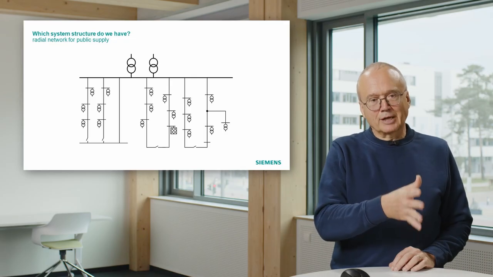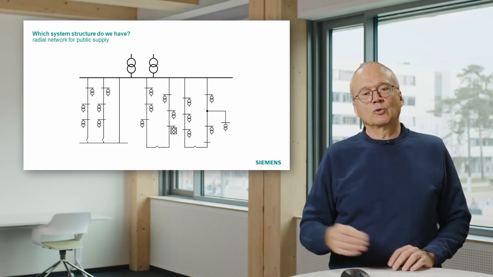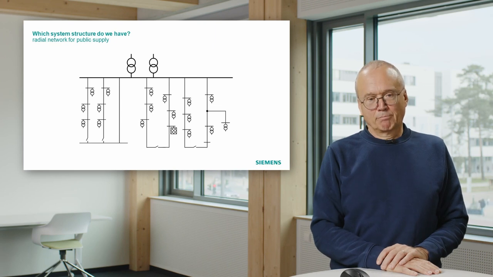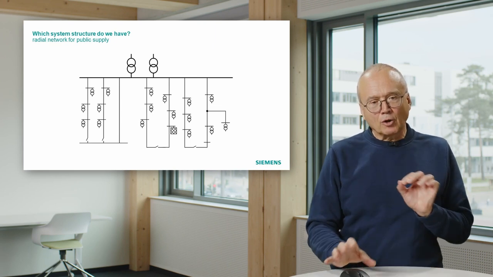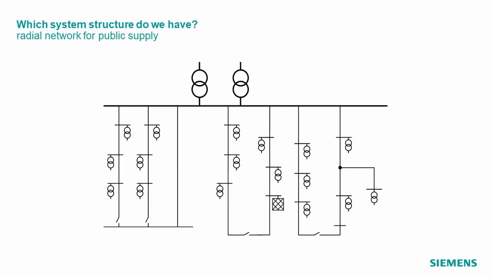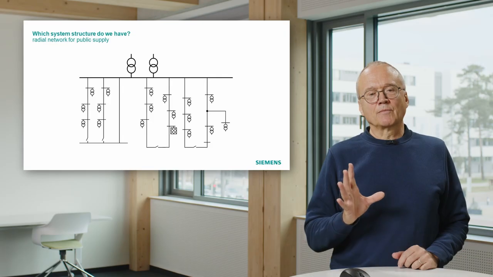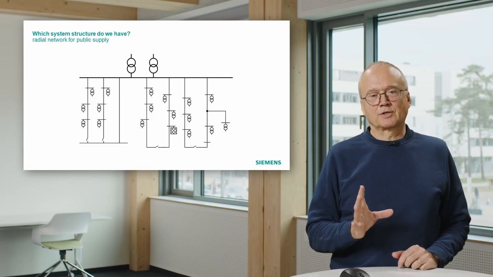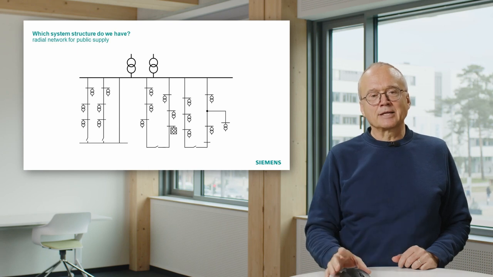the distribution level, 20 kV, down to the low voltage level, 0.4 kV. And the important thing is that these feeders are radial. That means on the bottom here, these connections are open. That means we have a system with no meshes. The system is radial.